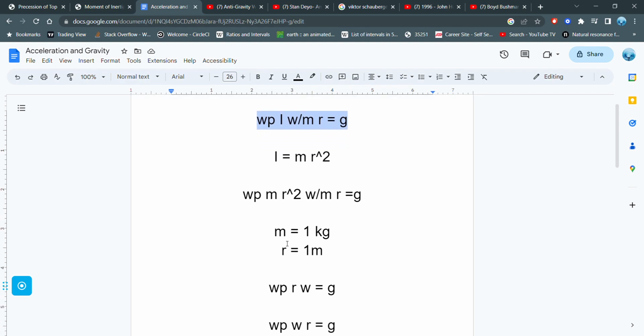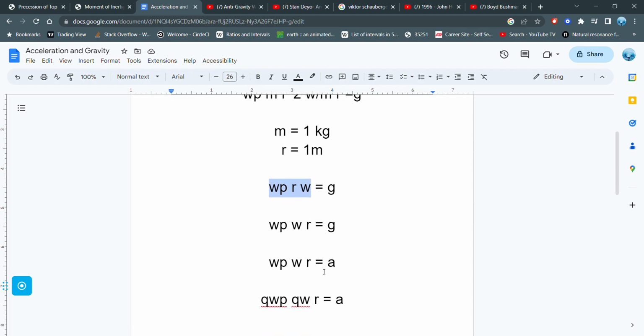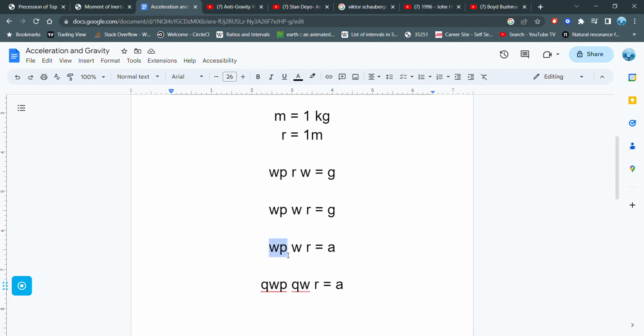Now, assuming mass equals 1 kilogram and radius equals 1 meter, we can deduce that these m's will cancel each other out, and this radius will cancel out one of the radiuses above, leaving us with omega precession times radius times omega equals gravity, or omega precession times omega times radius equals an acceleration.